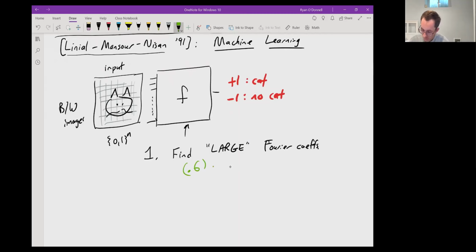Okay, and so it might tell you, okay, this function f has 0.6 intensity on some XOR function of the pixels, and maybe some other intensity on some other XOR of the pixels, and maybe some few other intensities.